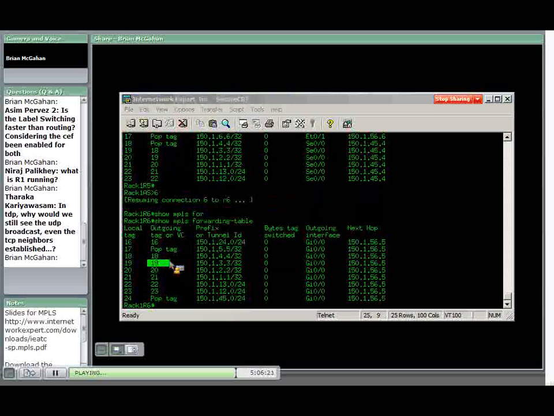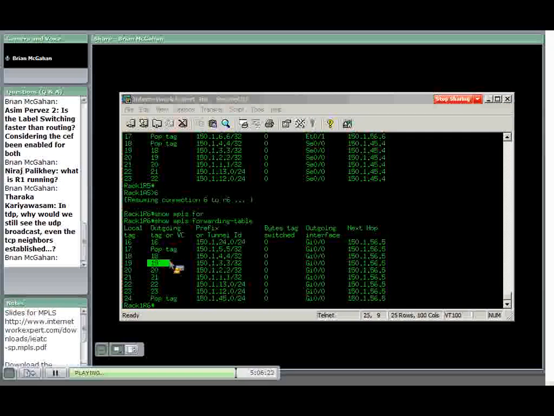If router 2 received it on the Ethernet with 17, we're sending it out with 23 out the ATM interface. If router 1 receives it with 23 on the ATM interface, we're going to send it out the serial interface with no label. Okay, so on a hop-by-hop basis, they are building the end-to-end label switch path for this particular destination, which is router 3's loopback.